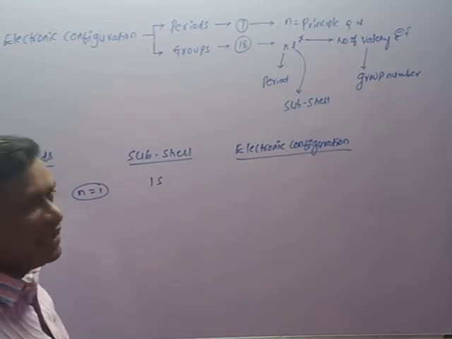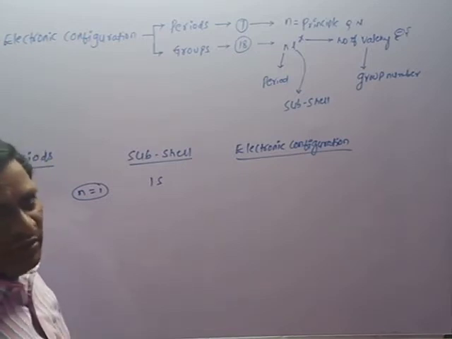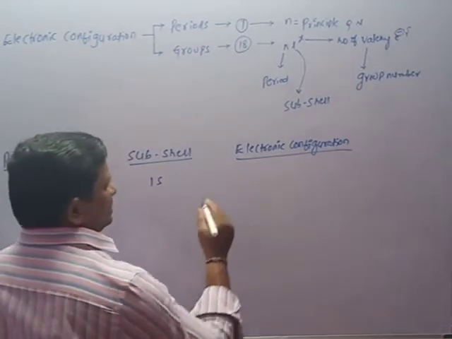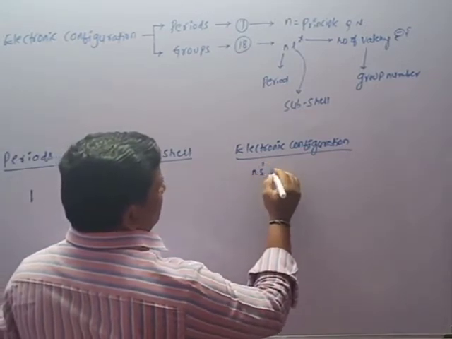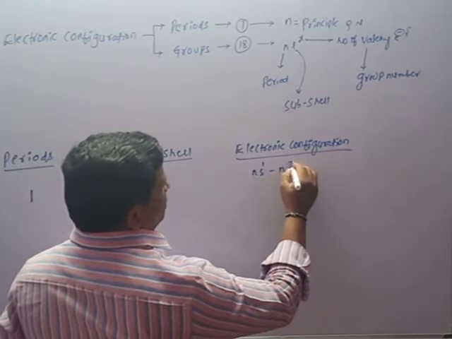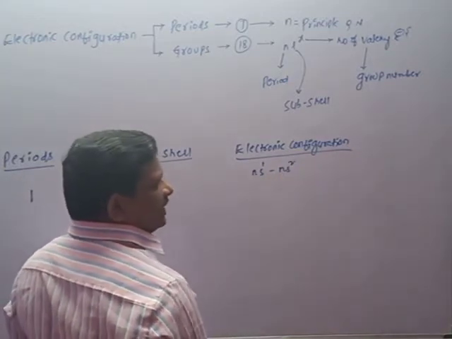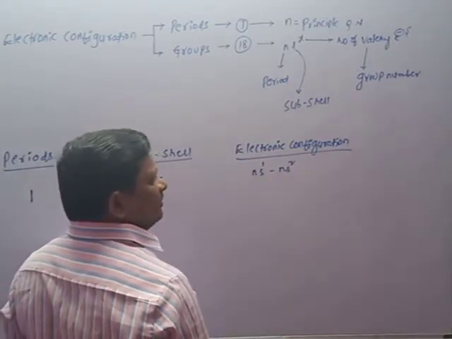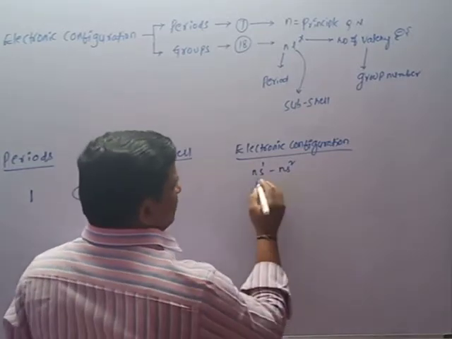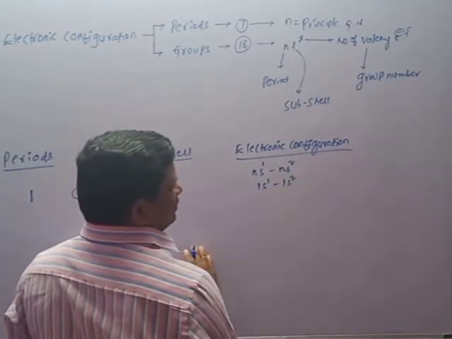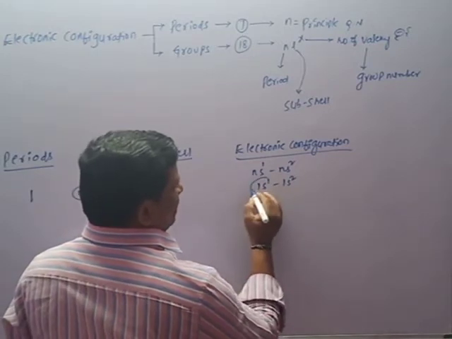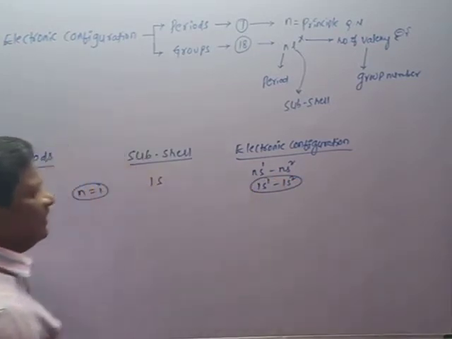So the first period consists of 2 elements, that is ns1 and ns2, or simply 1s1 and 1s2. That is the first period.